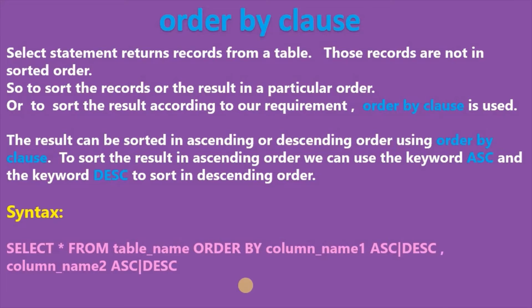Here we are sorting two columns. So in this way we can sort the first column in ascending or descending order, then comma, then we can sort the second column in ascending or descending order. So in this way we can sort more than one column also.